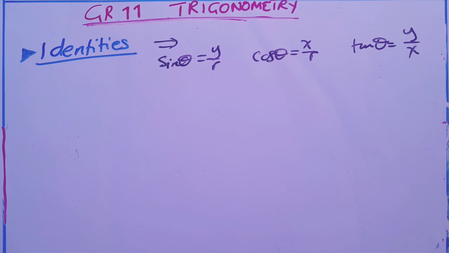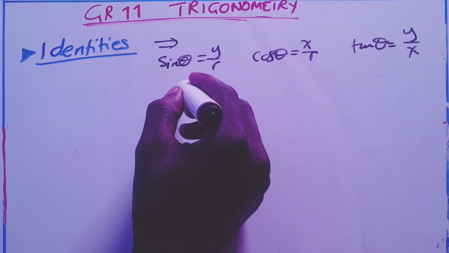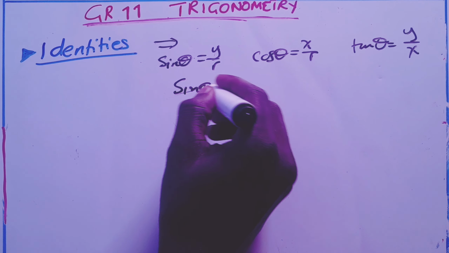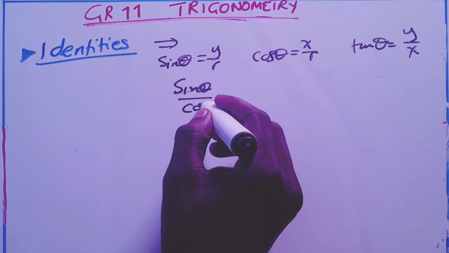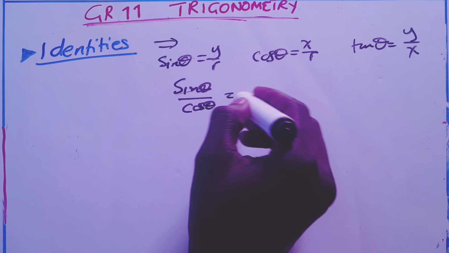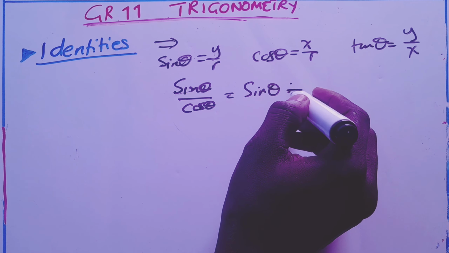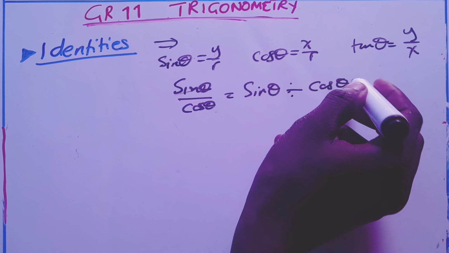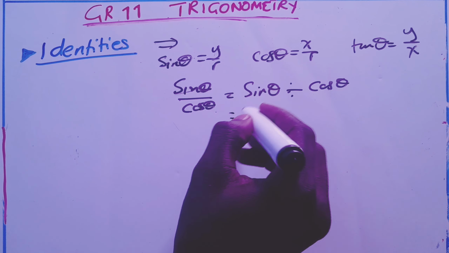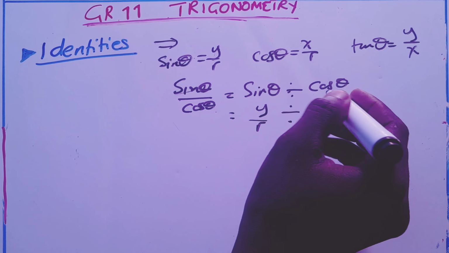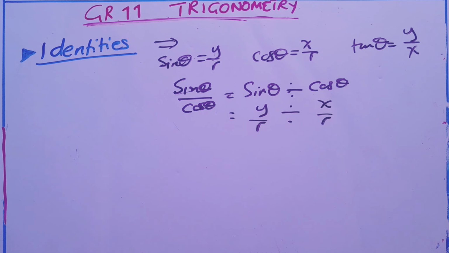So if we take sine of theta over cos of theta, this is the same as sine of theta divided by cos of theta, which is y over r divided by x over r.